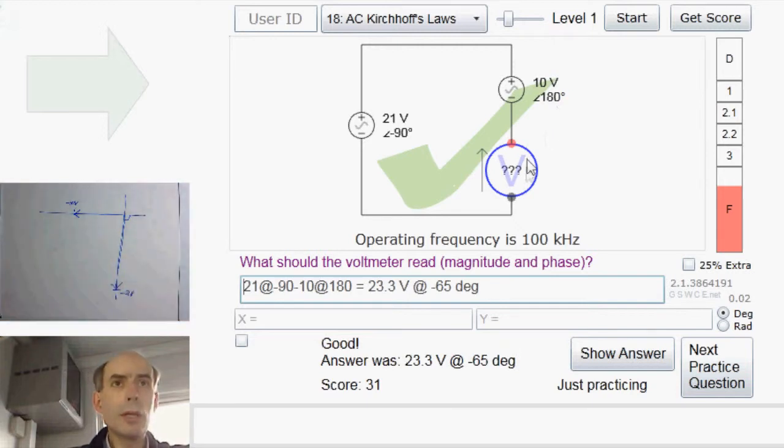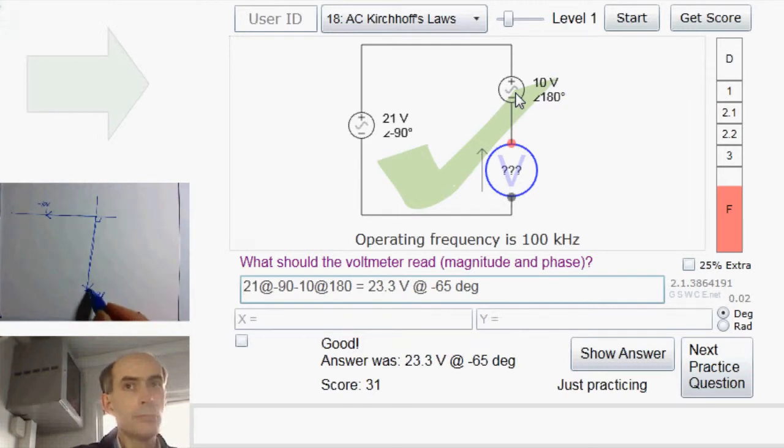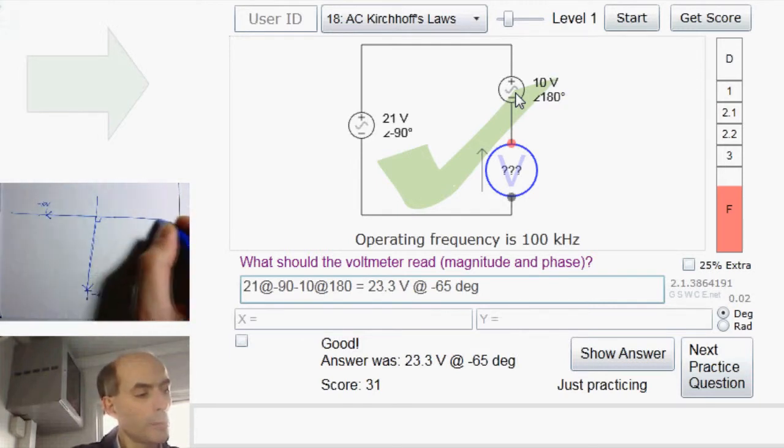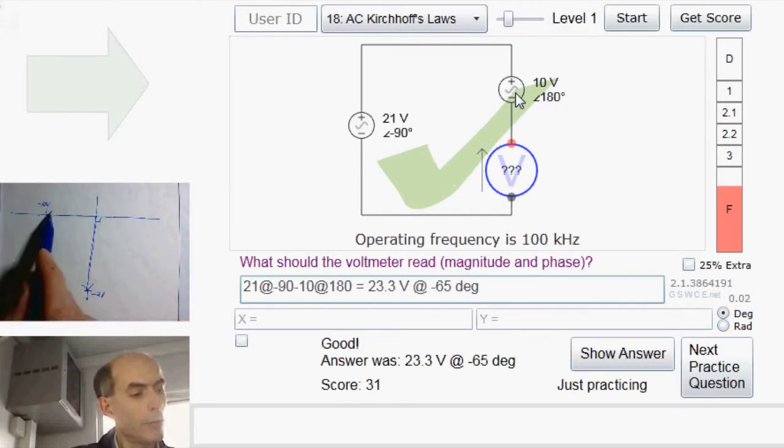And what we want is the voltage here, which if added to this voltage here, gives me that voltage there. In other words, this one is this one minus this one. And to subtract a phasor, you go in the opposite direction, but the same length.